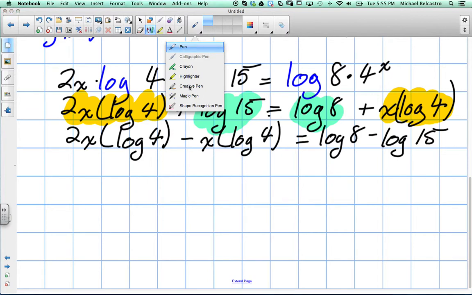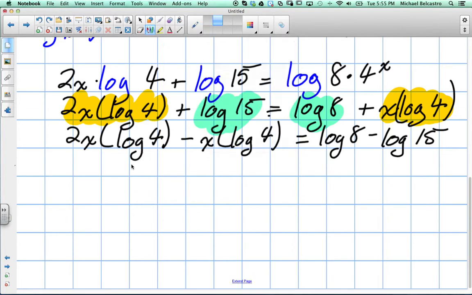Think of these like coefficients. I could technically replace this log 4 with y each time, and what I'm doing is taking 2xy minus xy. Essentially we're just going to subtract these x's here, because this is our base.